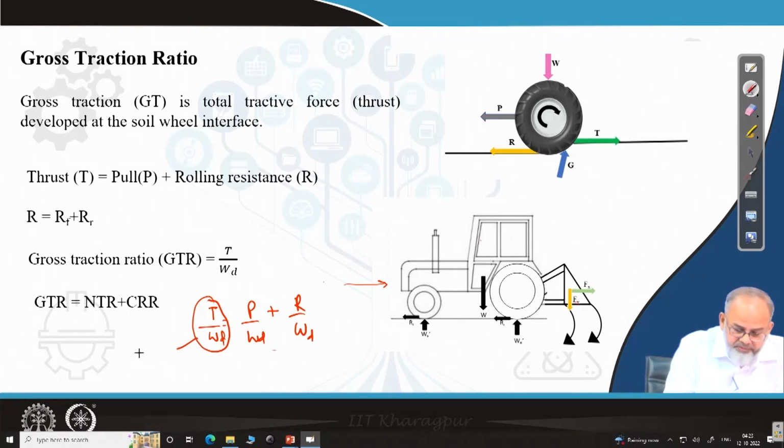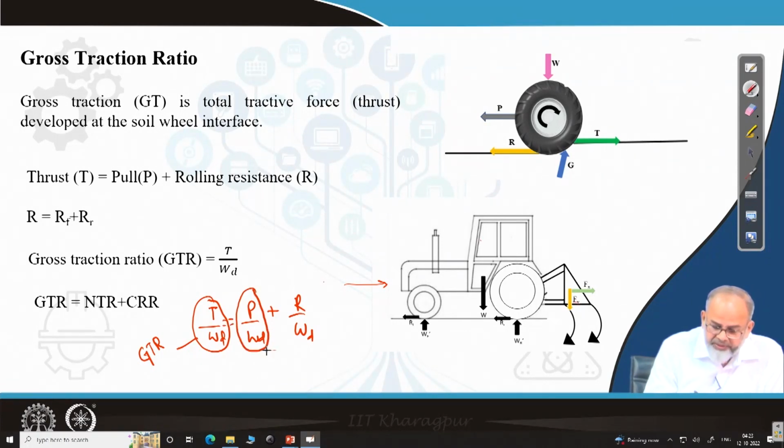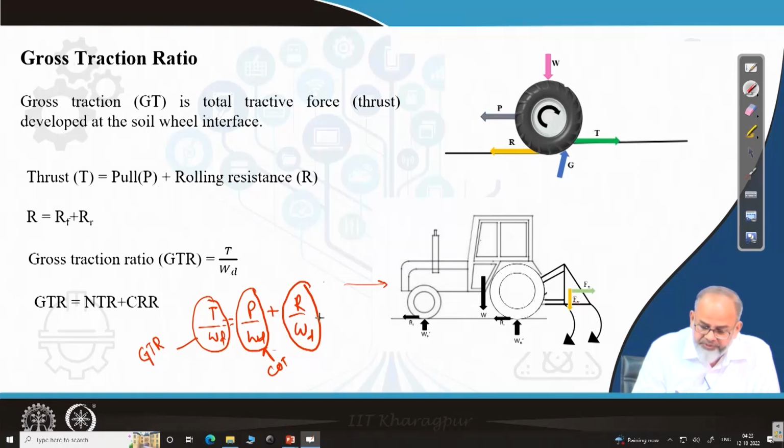This is CGTR, which is equal to P by WD. This is nothing but COT, coefficient of traction or coefficient of net traction. Then R by WD, which is nothing but coefficient of rolling resistance. So in other words, I can say GTR will be equal to coefficient of net traction NTR, or we can say COT plus coefficient of rolling resistance.